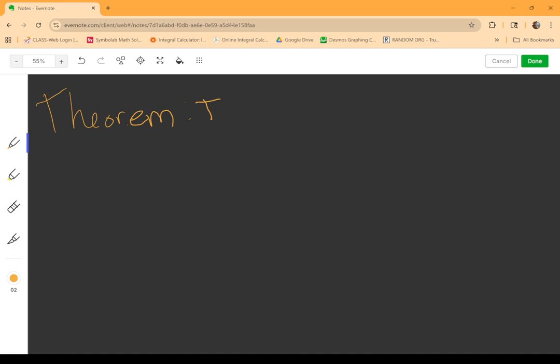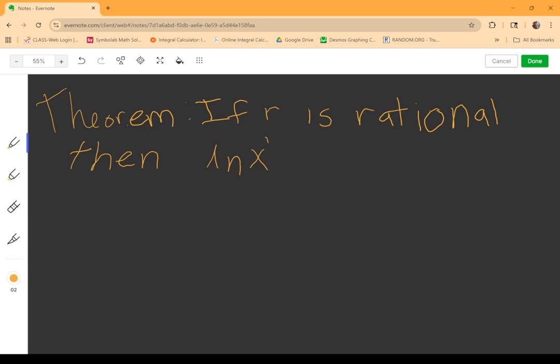If r is rational, then the natural log of x to the r is equal to r ln of x.